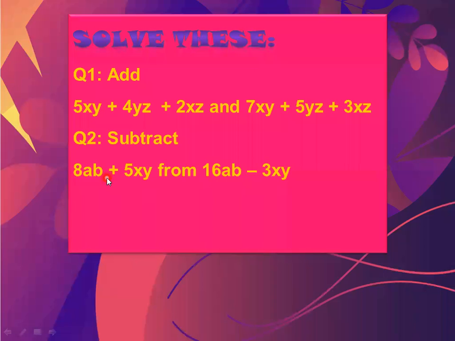But now subtract this one. It means first you will write 16ab minus 3xy, and then you will write the subtrahend. First you will write these terms together, then you will write this term together. Okay, just perform it vertically. Vertically will be easier.